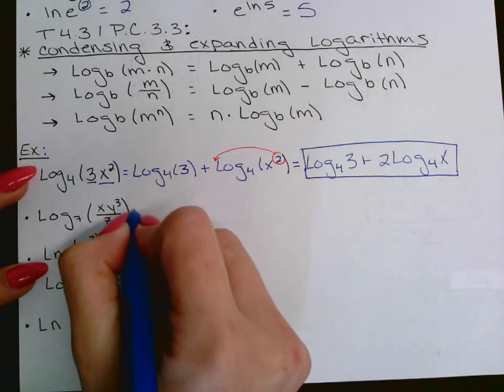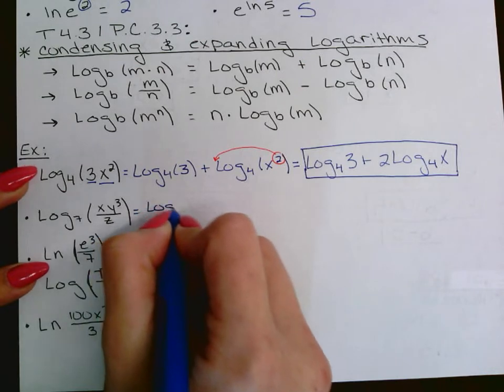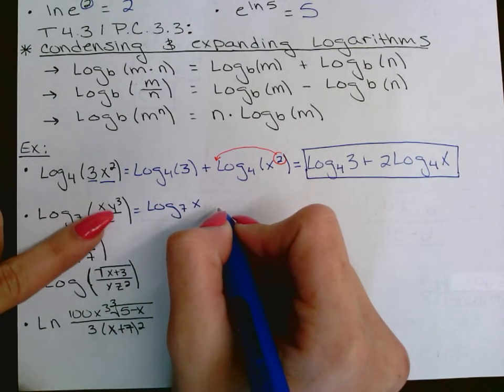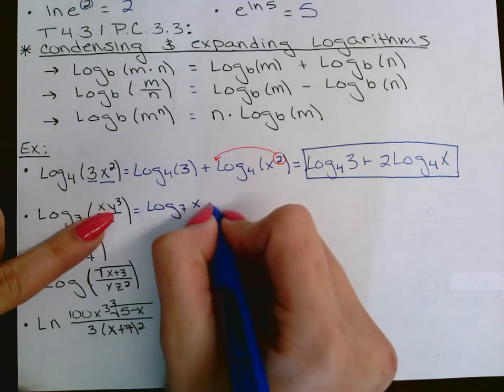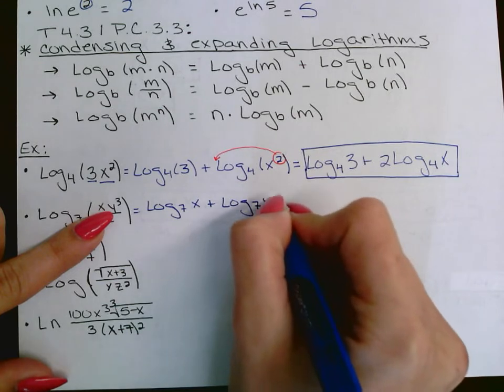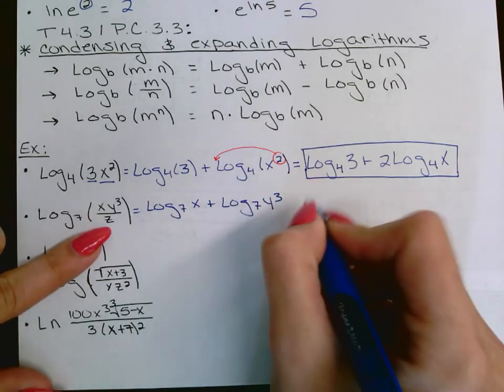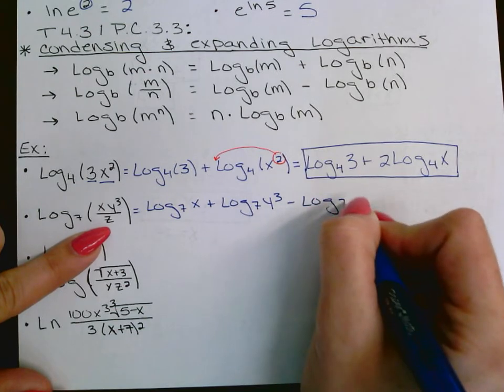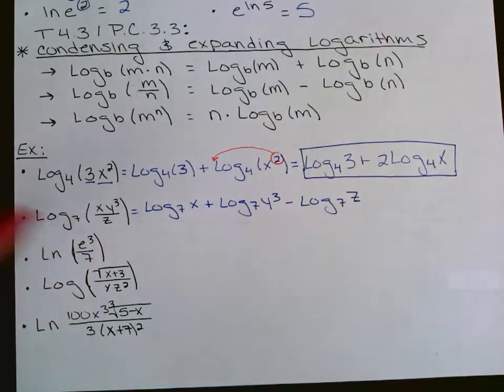I'm going to say log base 7 of x, y cubed is also in the numerator, plus log base 7 of y cubed, and then z is in the denominator, so this one gets a minus. Minus log base 7 of z.